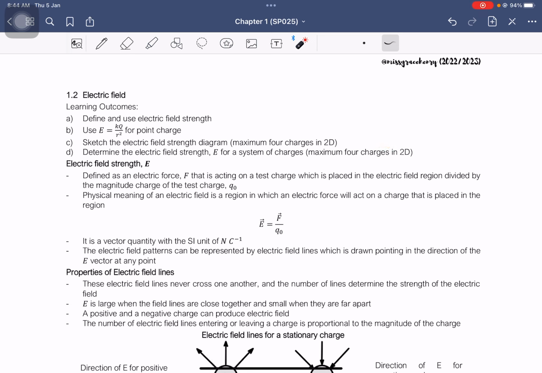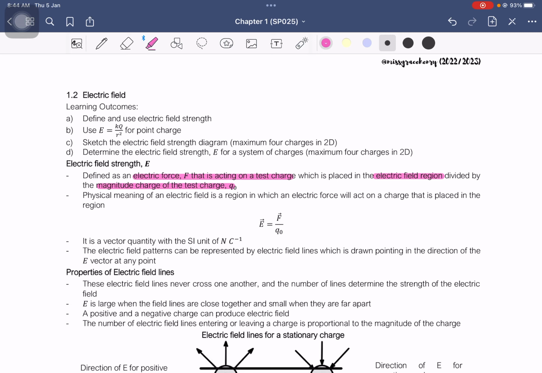Okay, so electric field strength, the symbol is E, and it is defined as an electric force that is acting on a test charge which is placed in the electric field region divided by the magnitude charge of the test charge.